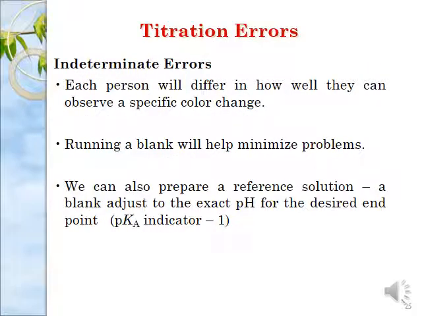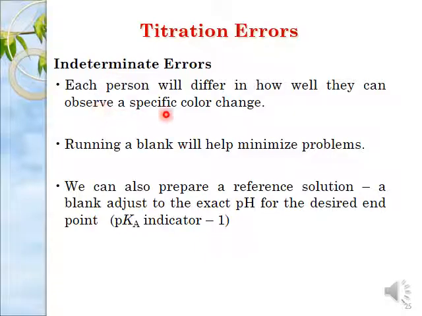Another type of error is indeterminate error. Indeterminate error is very difficult to avoid, because different people have different ways of observing color change.